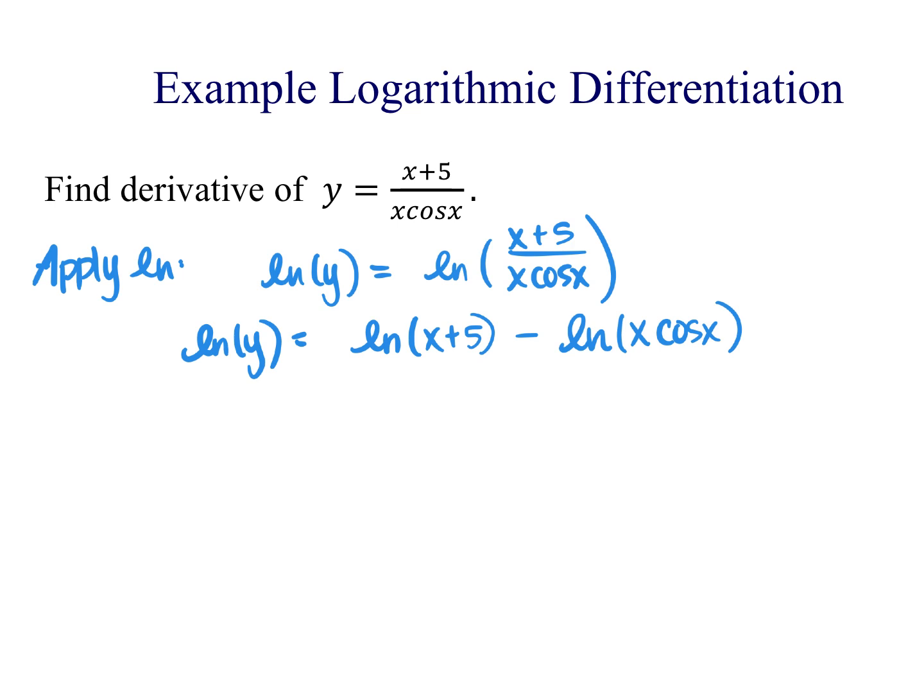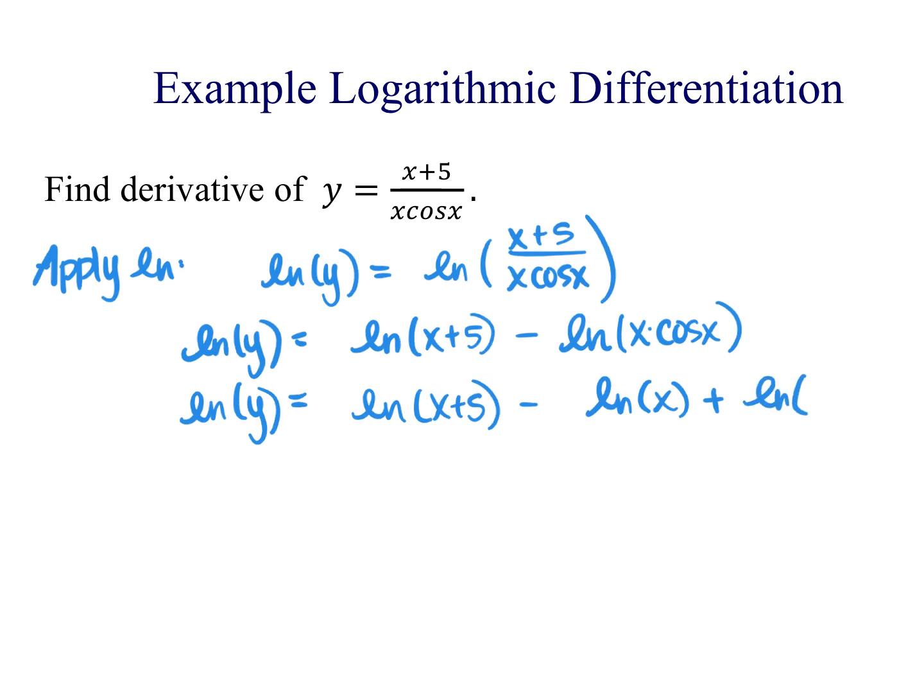They're multiplied, right? What other algebraic thing can you do with logarithms that are multiplied? Use ln x plus ln cos x. So I can have ln y equals ln of x plus 5, and then minus ln x plus ln cos x.